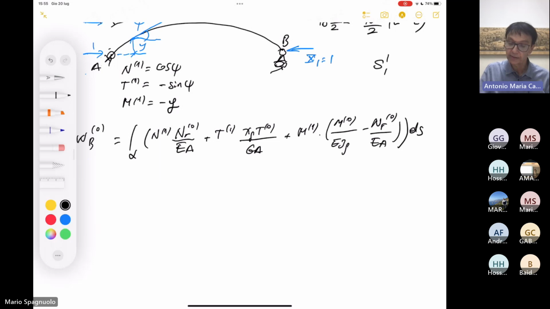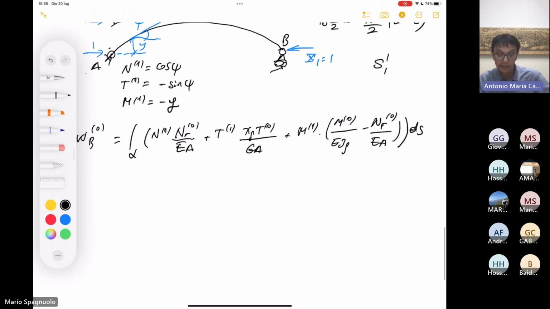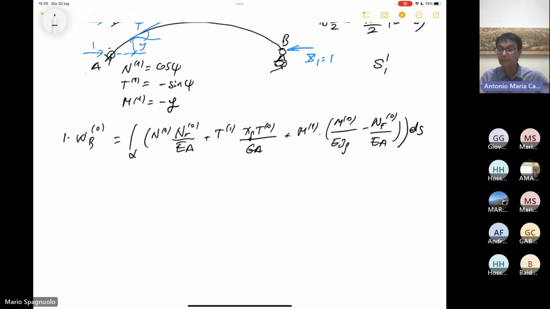And this has to be integrated along the axis line. In this way, I obtain the first term of the compatibility equation.